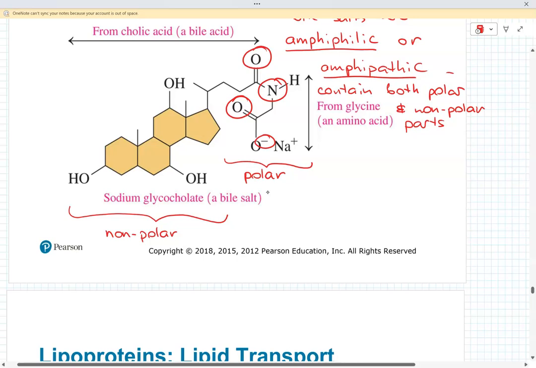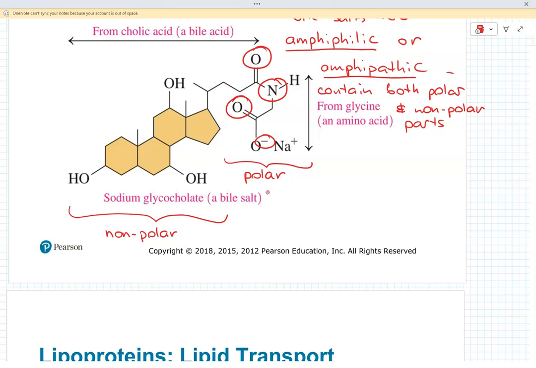So imagine you have a greasy skillet, okay? And you want to clean it of the fat, so you will add dish soap, right? The molecules that compose dish soap have a polar part that interacts with water, and a nonpolar part that encloses the fatty molecules and makes them soluble.